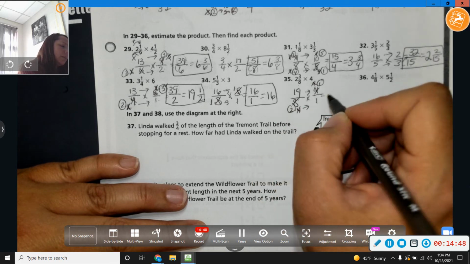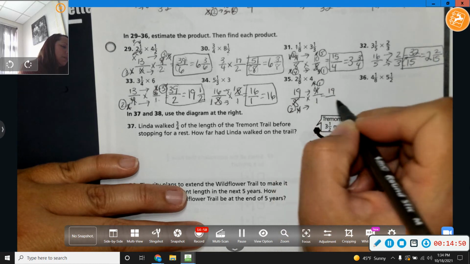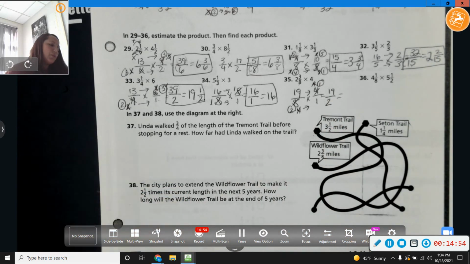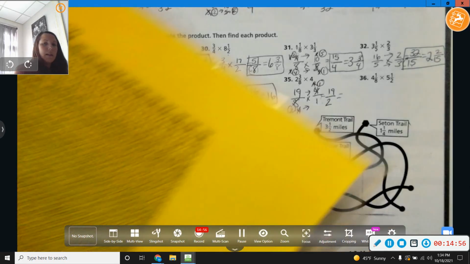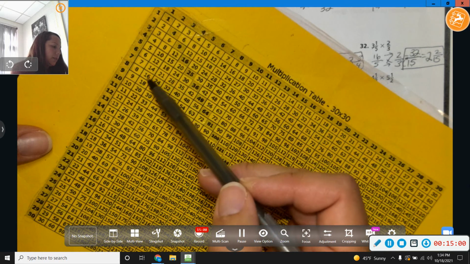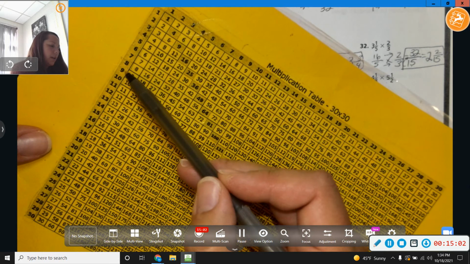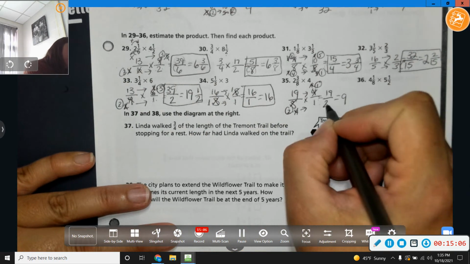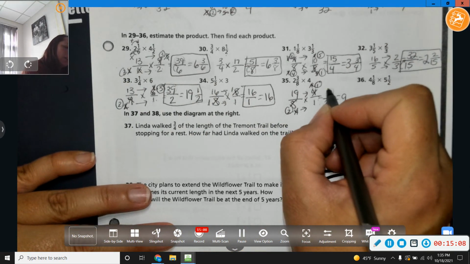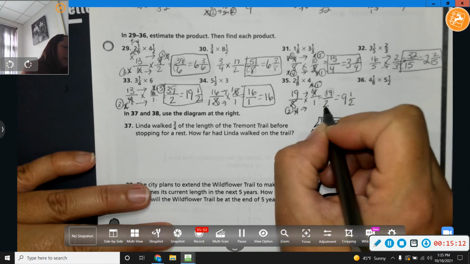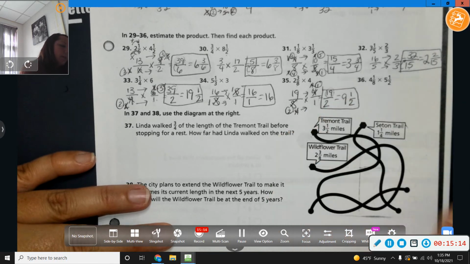Multiply, 19 times 1 is 19, 2 times 1 is 2. Change it into my mixed number. 2 goes into 19. How many times without going over? 9 times. 2 times 9 is 18, so if I use 18 of those, I have 1 left, and my denominator is 2. Keep it the same.